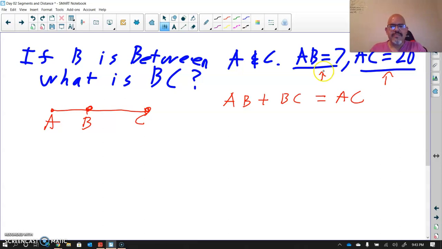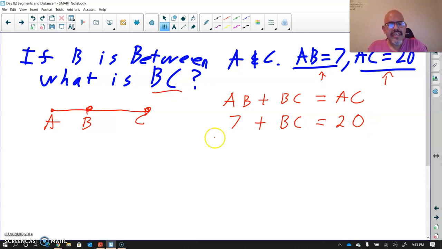So in this case, AB is 7. BC is not there, so they're not talking about that right now. And AC is equal to 20. We have BC right here. Now we treat BC as if it was an X or a variable.